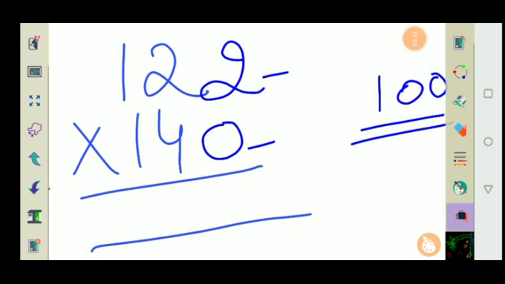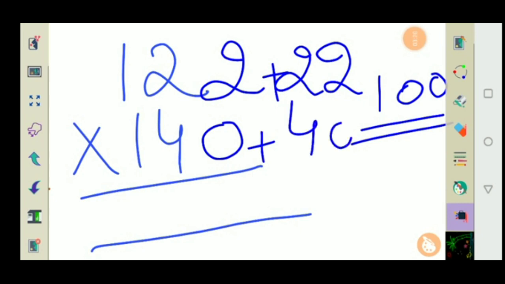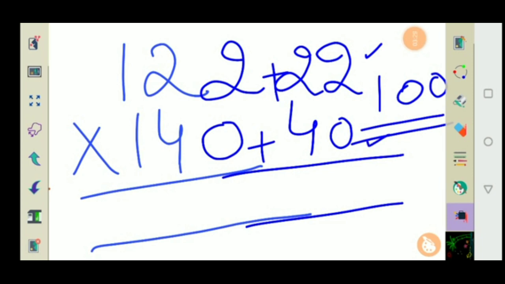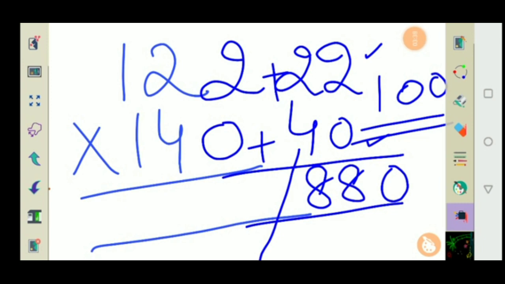Here 122 is 22 more than 100. 140 is 40 more than its base 100. And our rule is multiply 22 with 40. You will get, yes, 22 multiplied by 4 you will get 88, and 0. This will be again our number 880.